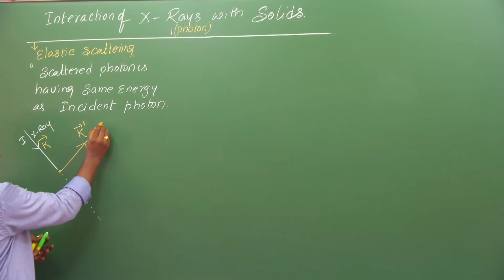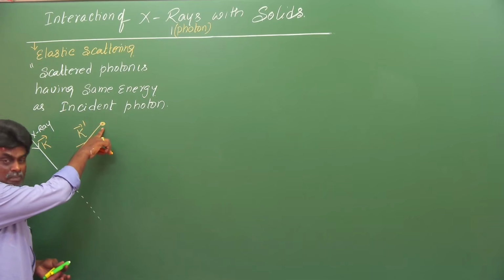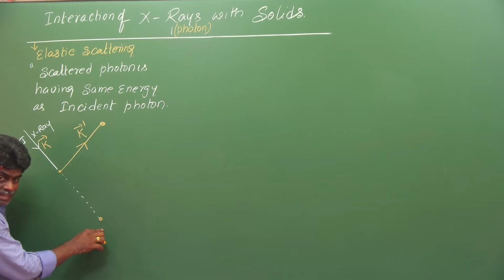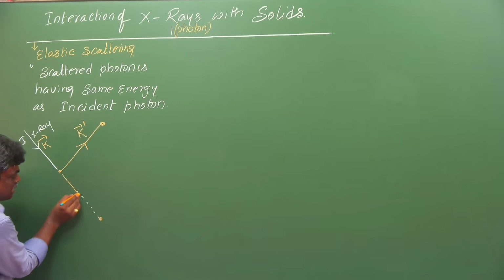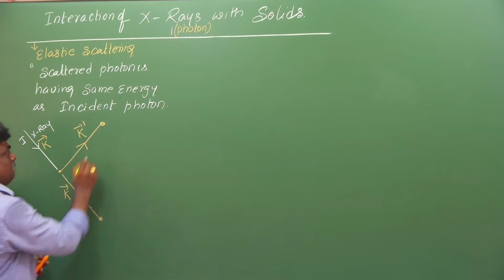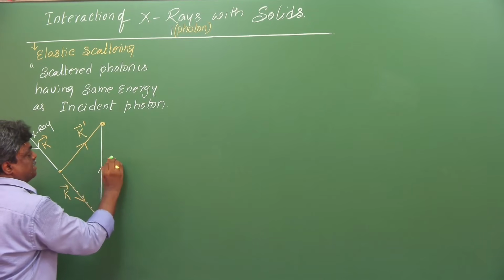According to Bragg's law in reciprocal lattice, here you have a valid reciprocal lattice point, and here also you have a valid reciprocal lattice point. This is nothing but K, and if you combine these two, then there exists a G vector.